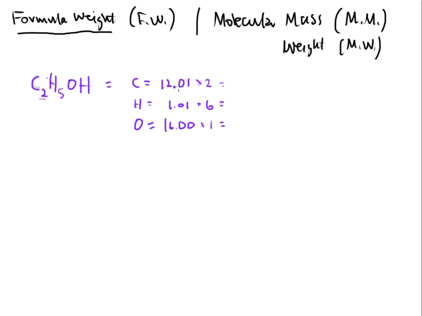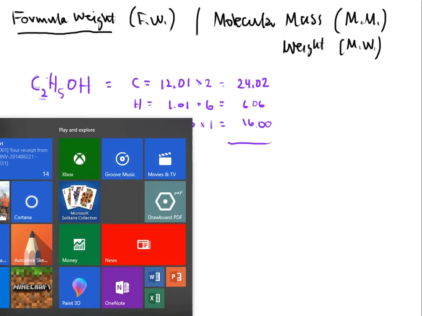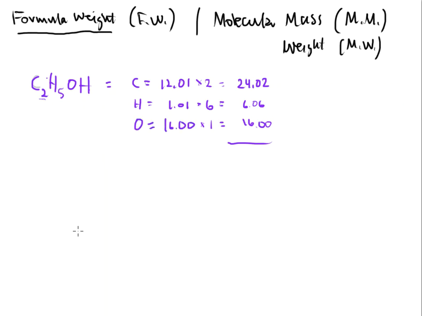All right, so now what I do is I get totals from each one. 12.01 times 2, well, that's going to be 24.02. 1.01 times 6 is going to be 6.06. And then finally 16 times 1, and that's going to be 16 in total. Now those are the weights for each one of those atoms that I have, right?